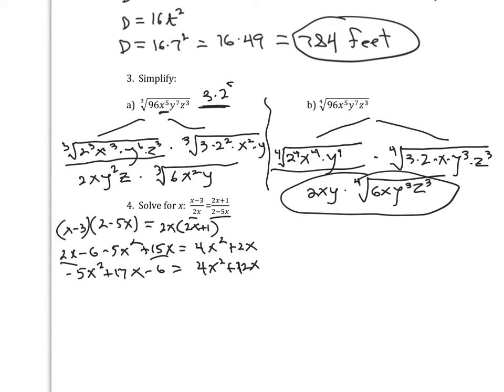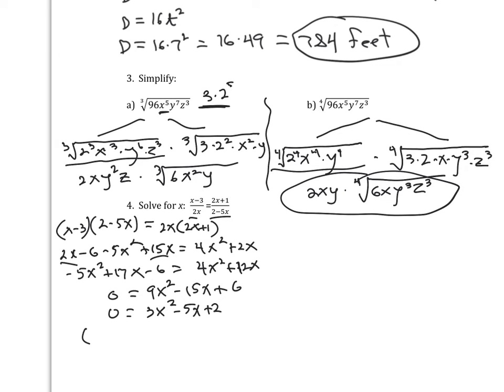So then we're going to make the left side equal 0, so we'll add 5x squared to both sides to get 9x squared. We will subtract 17x from both sides to get negative 15x. We will add 6 to both sides, and we'll then divide everything through by 3 to get 0 equals 3x squared minus 5x plus 2.